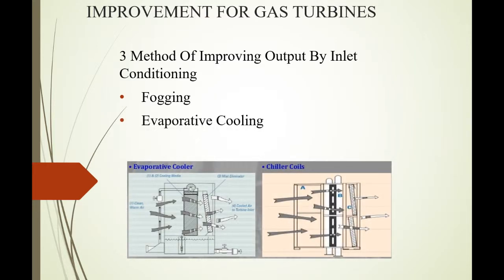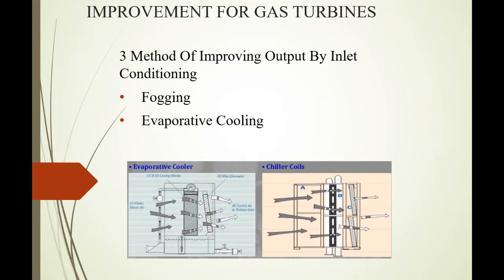For the evaporative cooling, equipment is installed in the inlet ducting after the filtration system. The system consists of a media bank in the air stream, which is continually wetted by one or more water pumps.